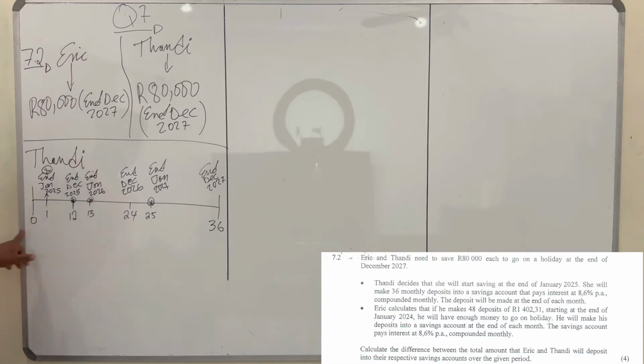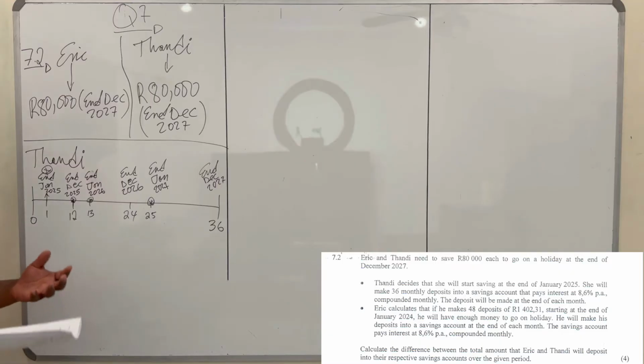So here, these are where her payments are made. The first payment is made at the first month, right? In January 2025, the payment she makes will be her first payment.